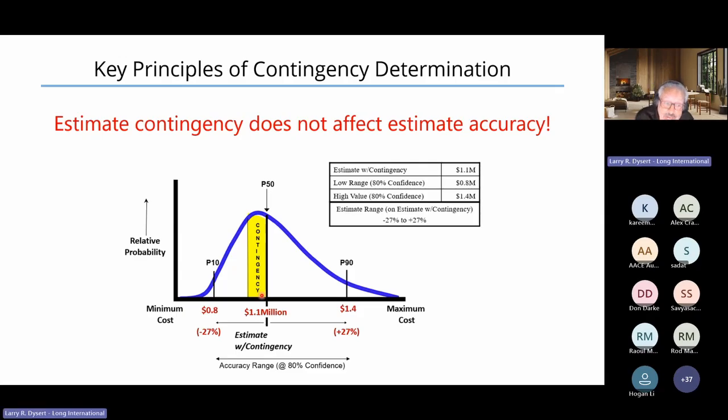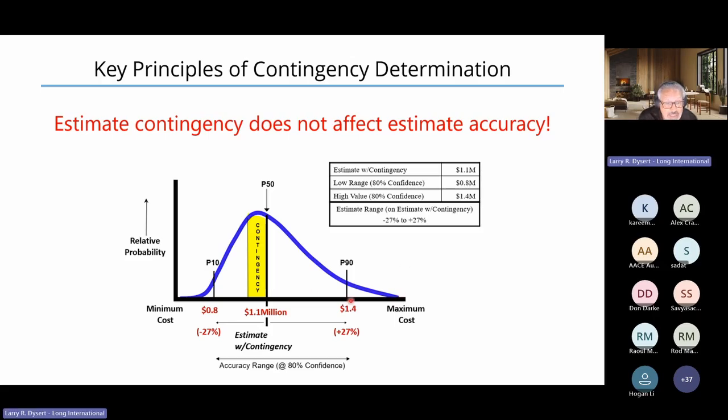Although it may appear that way if we talk about estimate accuracy in terms of percent, where it was minus 20 to plus 40 at the point estimate, but minus 27 to plus 27 in this simple example around the P50 value. But in absolute terms, we haven't affected estimate accuracy. The only thing that affects estimate accuracy is if we can change the blue curve. If we can get this blue curve to be steeper in the middle or less elongated at the tails.